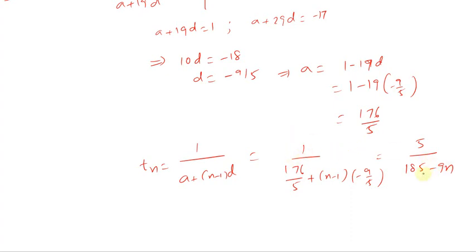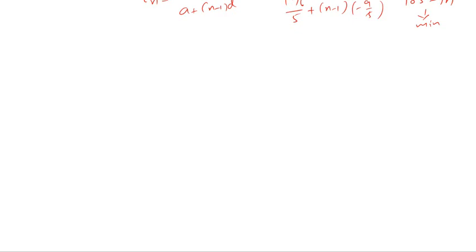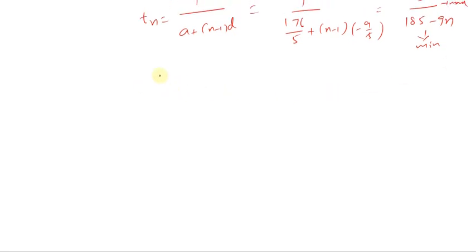Now this term should be maximum, right? So to maintain this maximum value, this output should be maximum. So this output is maximum only when this denominator is minimum. So let me calculate the minimum value. So 185 minus 9n is a minimum when, let me substitute n values. n equals 1, 2, 3, and so on.